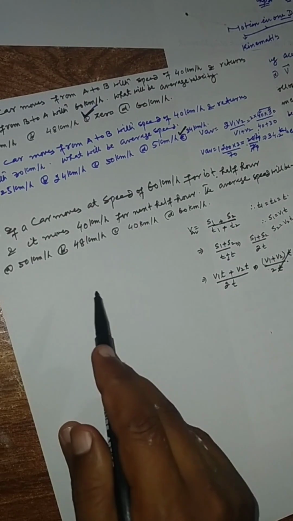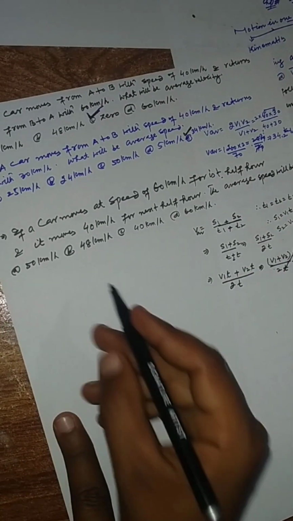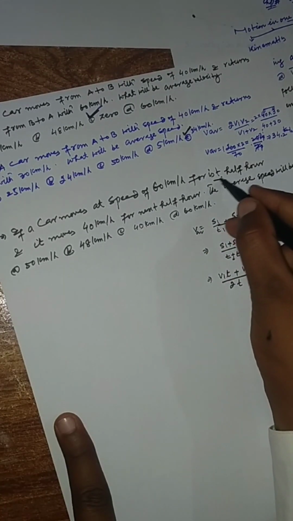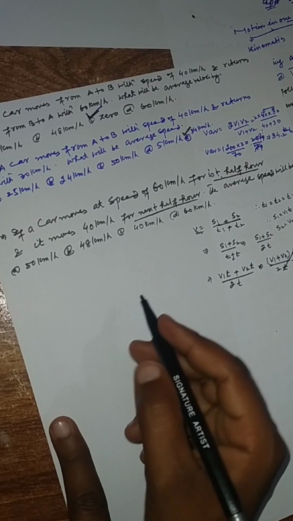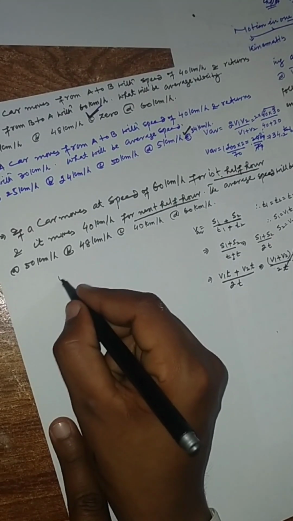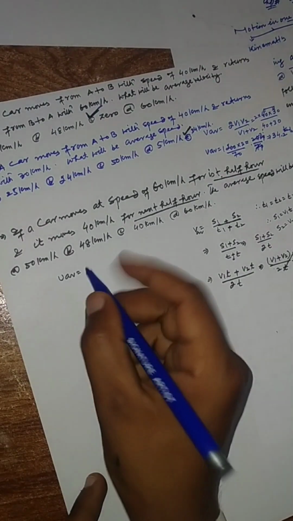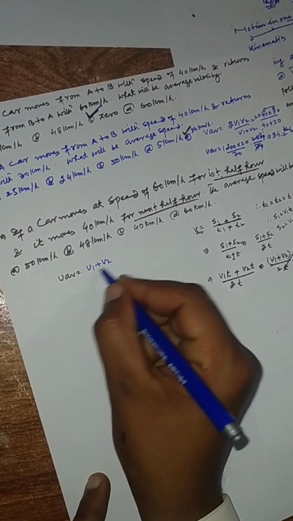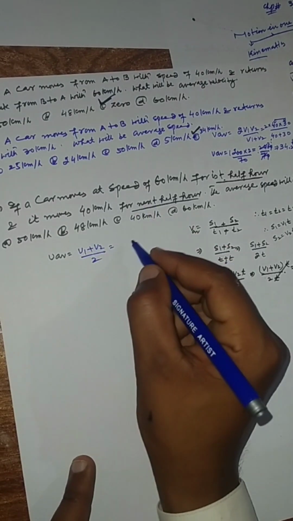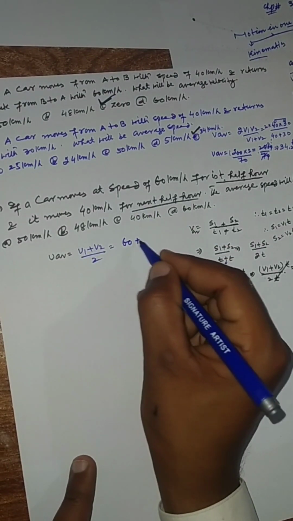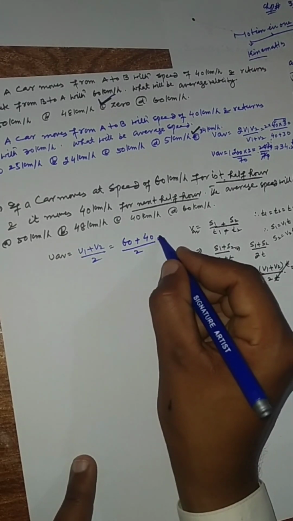So for this problem we use this equation because time is constant, first half hour and next half hour. Then average speed is equal to v1 plus v2 over 2. v1 is 60 kilometer per hour and the other one is 40 kilometer per hour, over 2.